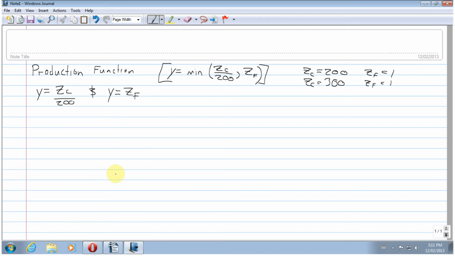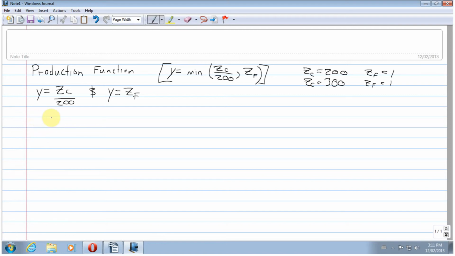Now some of you on the test wrote down that MRTS equals W1 over W2. That's the optimality condition for a different production function. Yes, you have to learn more than one. This is how it works for this problem, and you just have to learn it.